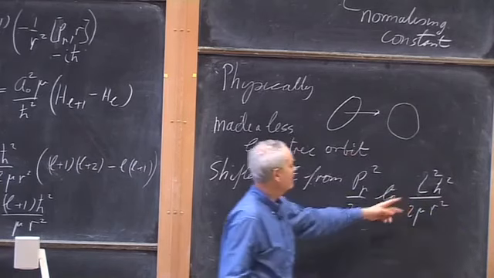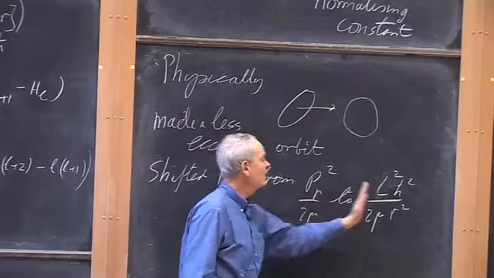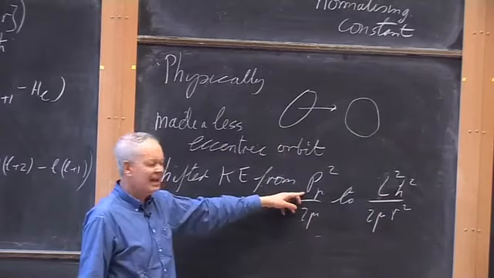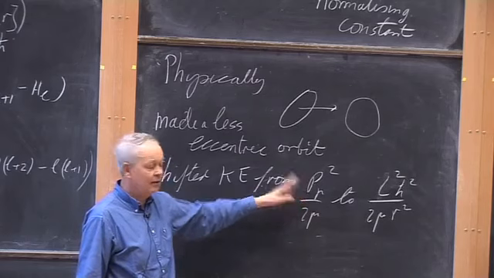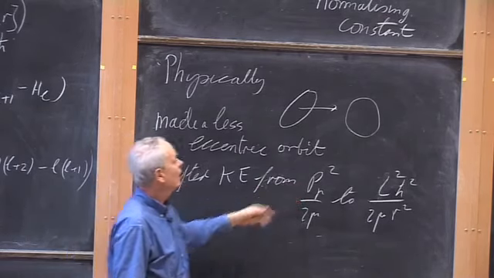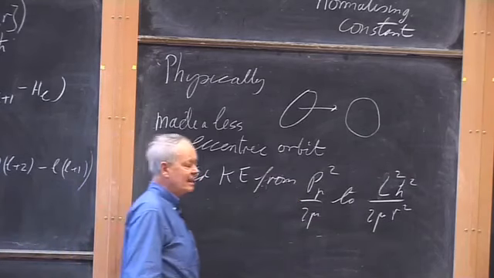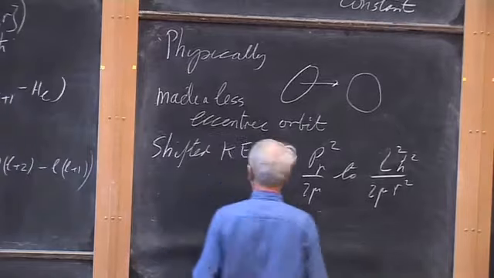This was the tangential kinetic energy. This was the radial kinetic energy. We've shifted energy from here to here. When we've got no energy left in there, or as little as quantum mechanics allows, which won't be zero, but will be some amount, then we won't be able to shift any more. So there must be a maximum angular momentum for a given energy.